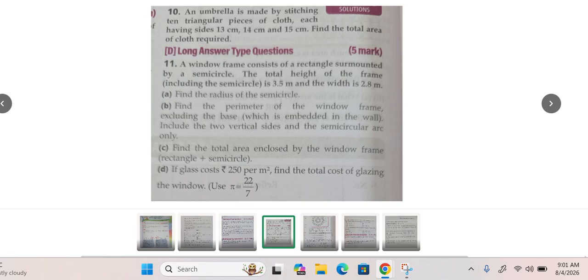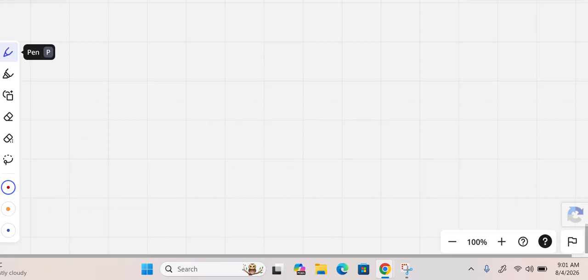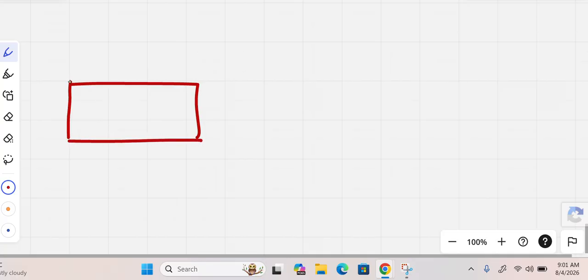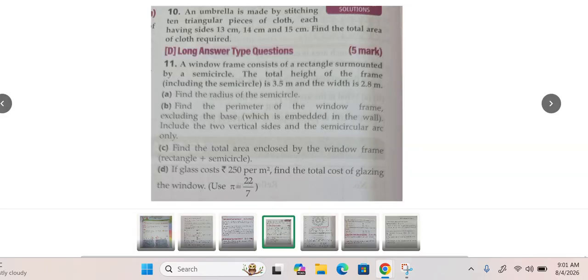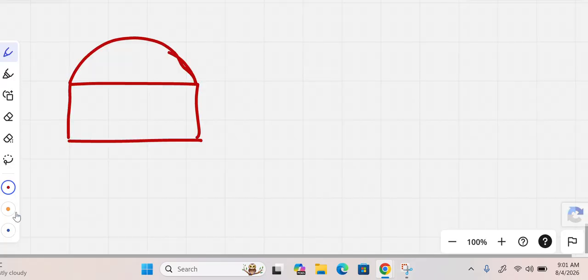A window frame consists of a rectangle surmounted by a semicircle. Kids, it looks like this. In the UAE, most of them are like this, right? The total height of the frame, including the semicircle, is 3.5.